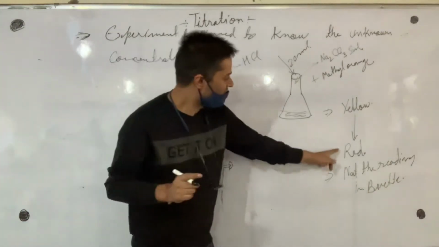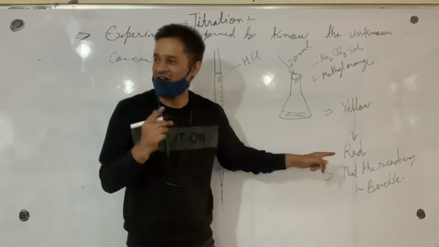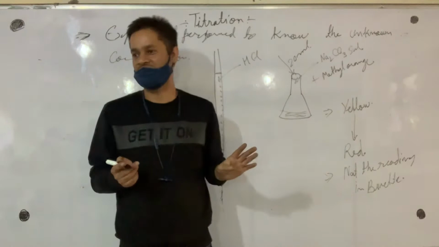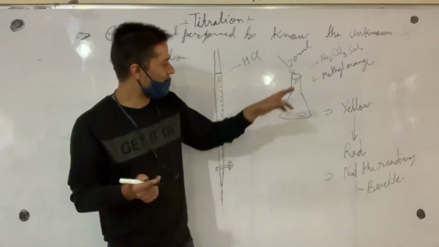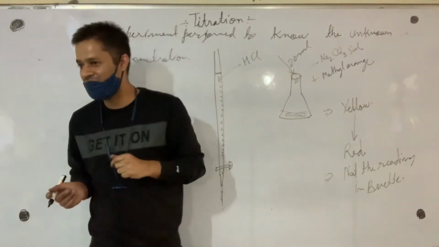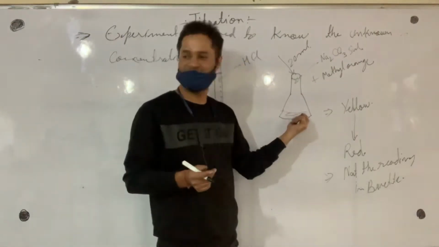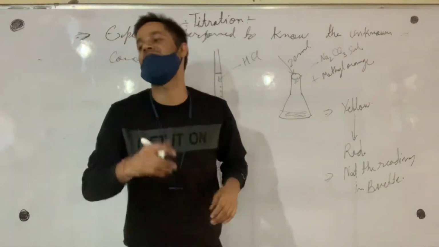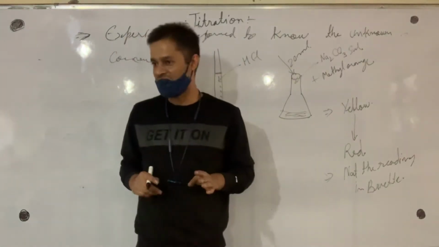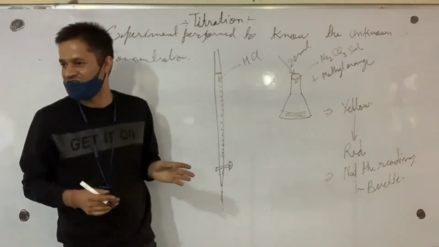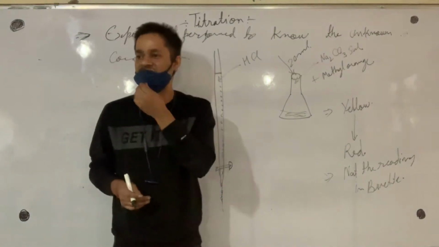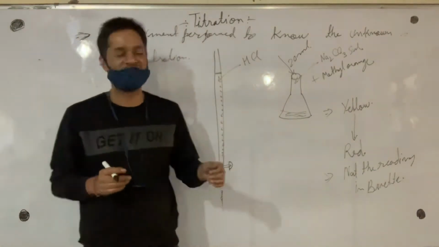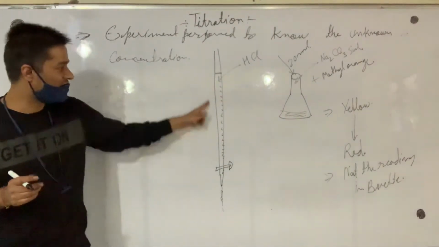You add 20 ml HCl and indicator, the color becomes red, and the end point will be from red to yellow. Use the volumes in calculations, and you will get the molarity, strength, and percentage. Everything can be calculated from the burette reading only.